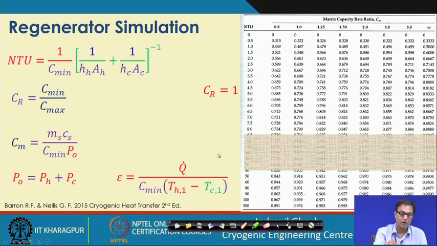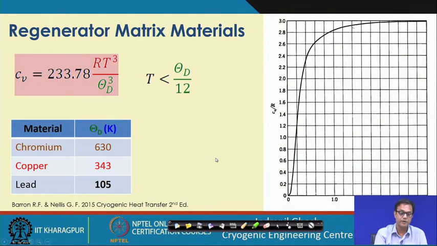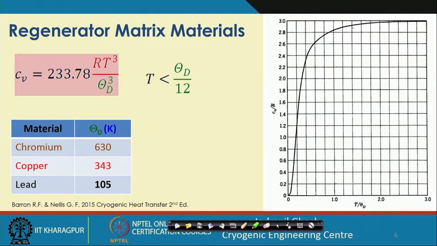specific heat of the regenerator is changing very fast with the temperature. When the temperature is less than theta D by 12, you will find that the Cv, or the specific heat at constant volume, and constant pressure, is equivalent in case of a solid. So, it is varying with T cube.